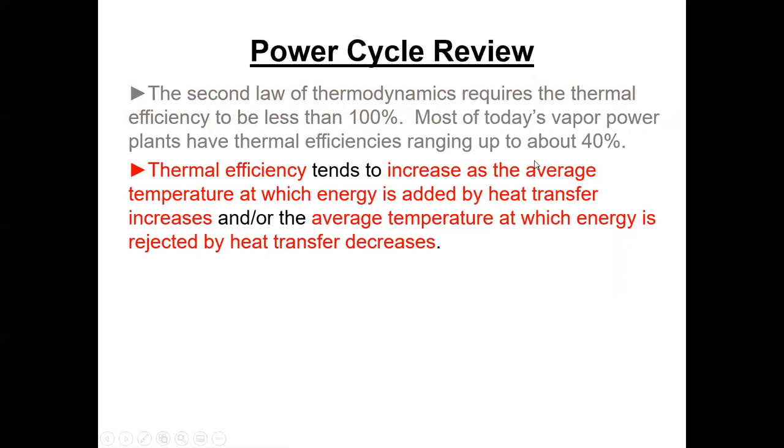Thermal efficiency tends to, this is a very important statement, you need to pay attention. Thermal efficiency tends to increase as the average temperature at which energy is added by heat transfer increases, and/or the average temperature at which energy is rejected by heat transfer decreases. Well, that's interesting.